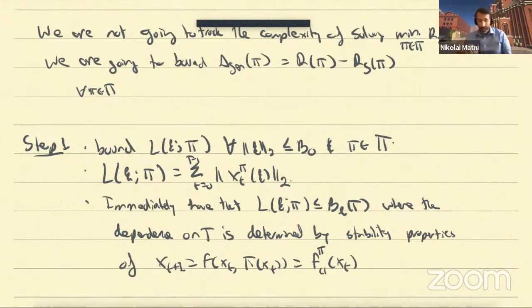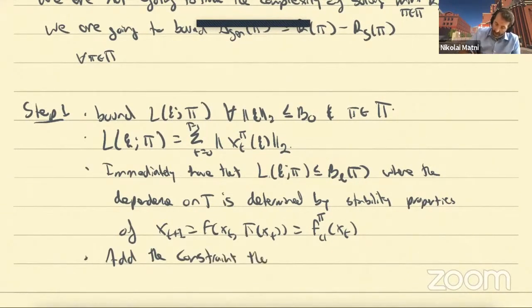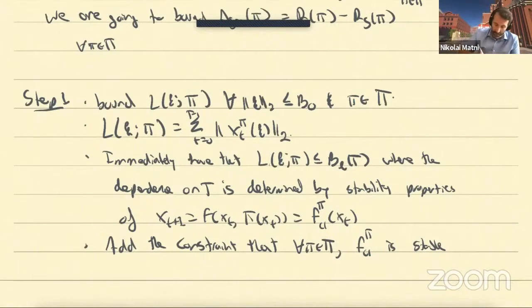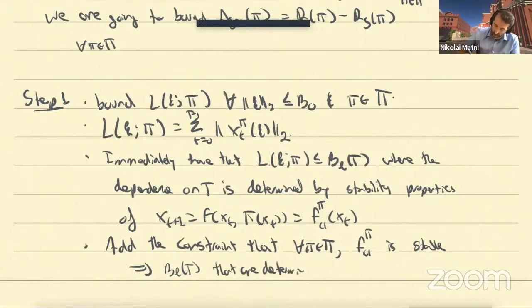Right, so specifically, what this says is that if I add the constraint that for all pi and pi, f closed loop pi is stable in the way that we defined earlier, this gives us BL of t that are determined by the stability properties.